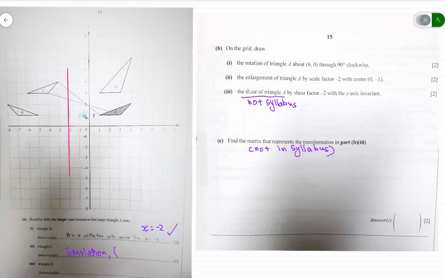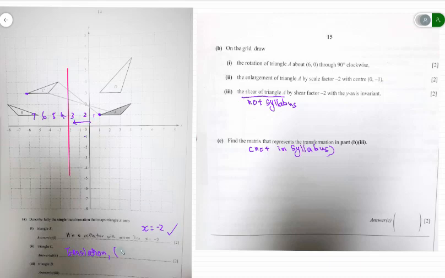So this is 1, 2, 3, 4, 5, 6, 7. I'm looking at this point. The corresponding point is here. Okay, so there is a change in the x direction, but this is in the negative direction.